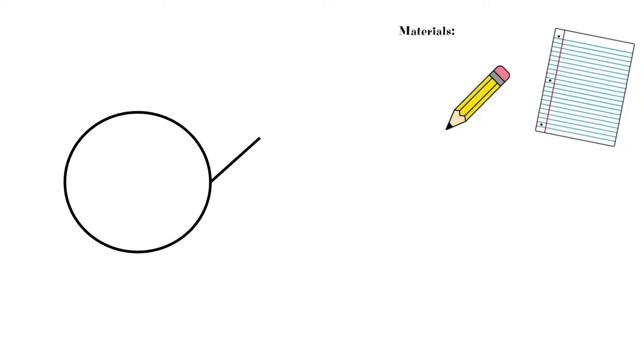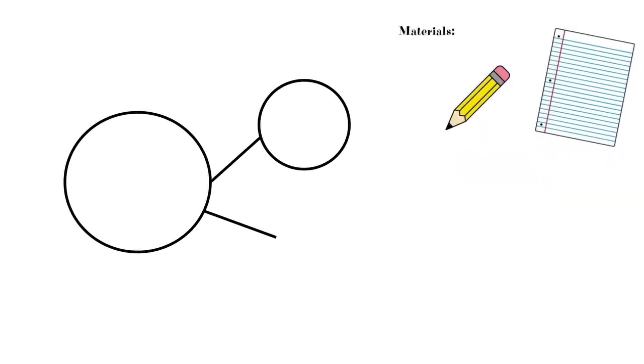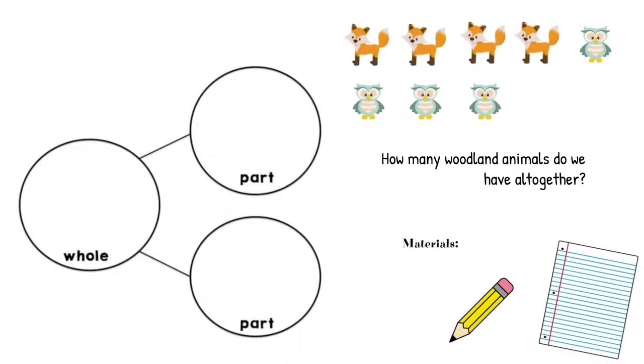Draw a line out and another line, and these lines will go out to our circles for the parts. And last step there. Doesn't have to be perfect, friends, just do your best. As long as you can fit your parts and your whole in there.